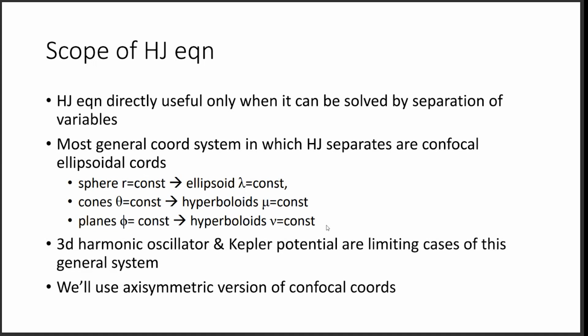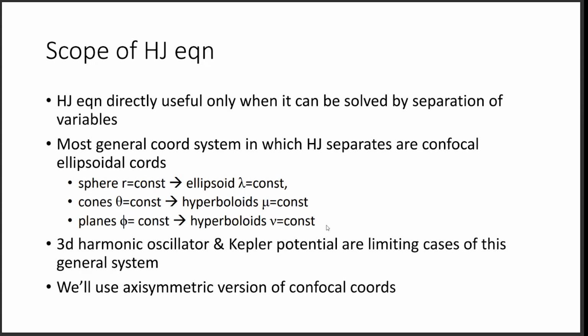So the most general coordinate system, as far as I know, in which you can do this, is confocal ellipsoidal coordinates. The way you can think about this is you start from ordinary spherical coordinates, where you have spherical shells, which you label with r. You have cones with an opening angle around the z-axis, which you label with theta, and you have planes phi equals constant, which have a spine which joins on the z-axis.